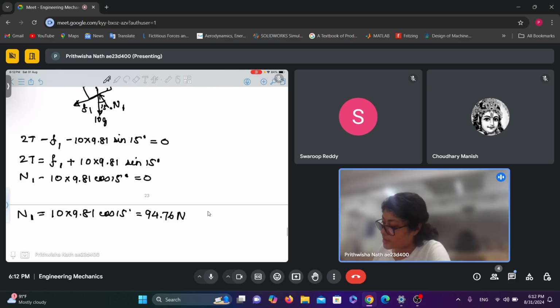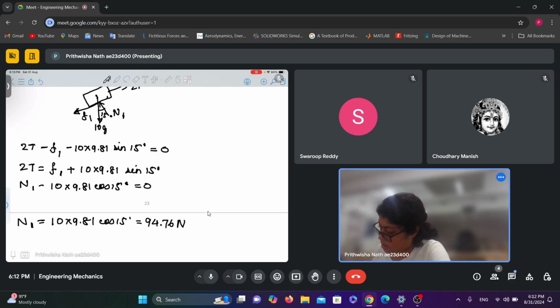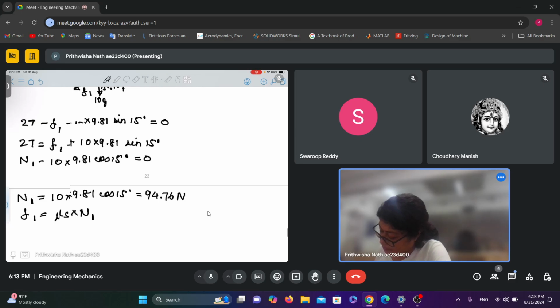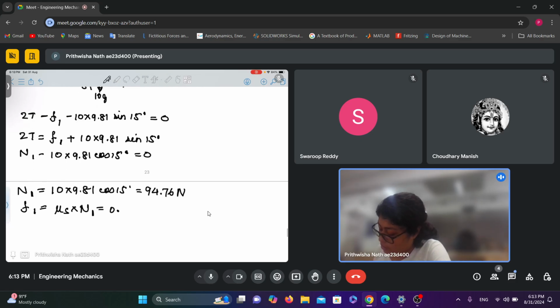Now, since it is on the verge of slipping, F1 will be mu s times N1. Mu s is given as 0.15.